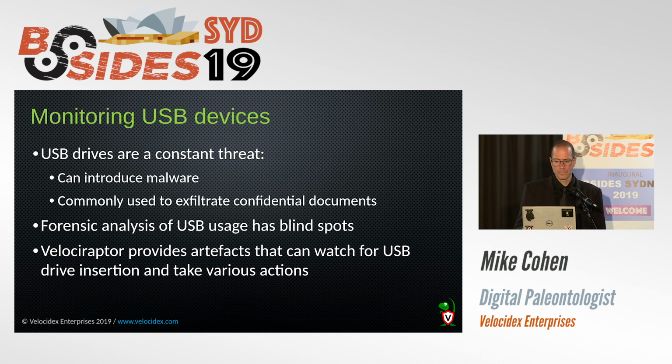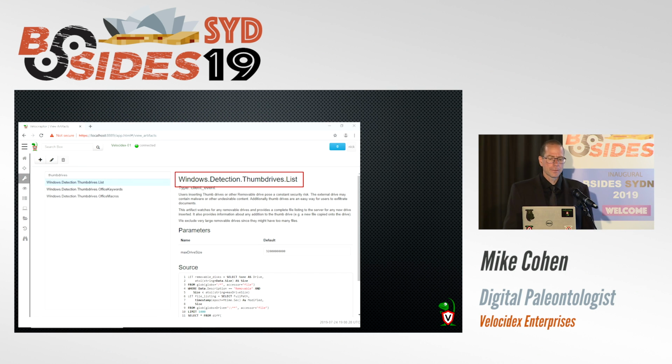So just as an example, we can write an artifact that looks for thumb drives. Essentially what it does is it looks for the event of inserting a thumb drive, and then in this particular one, it just lists the directory, right? So it just gives you a file listing of that thumb drive when it was inserted.